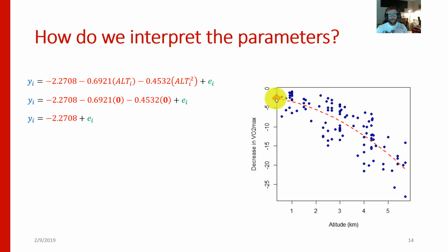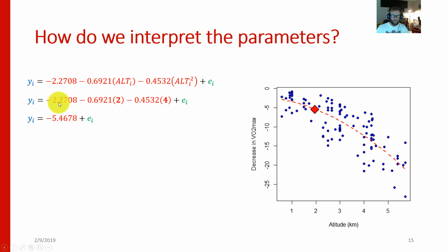If we want to now say, well, what is the predicted decrease in VO2 max at different altitudes, we just need to plug those values into our equation. So at 2 kilometers, the linear effect, that's altitude in kilometers, so that's 2. Altitude squared is the squared value, so 2 squared is 4.